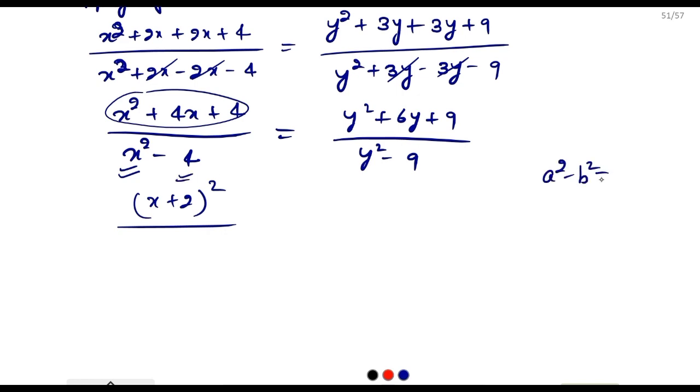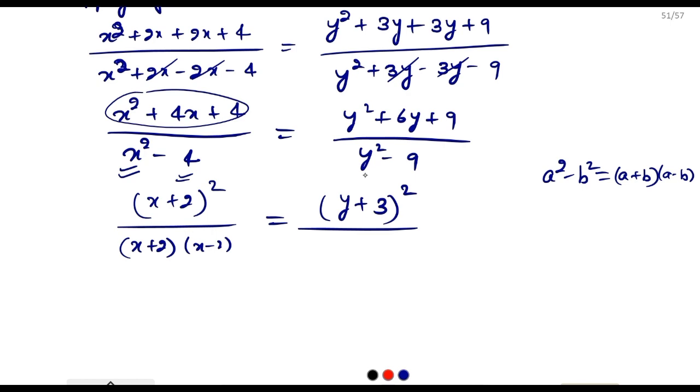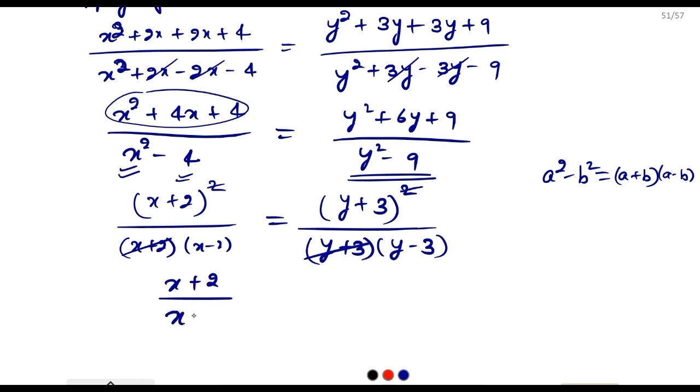A square minus b square is equal to a plus b, a minus b. X plus 2, x minus 2. Similarly, on right hand side, numerator is y plus 3 whole square and in this we are applying a square minus b square. X plus 2 divided by x minus 2 is equal to y plus 3 divided by y minus 3.